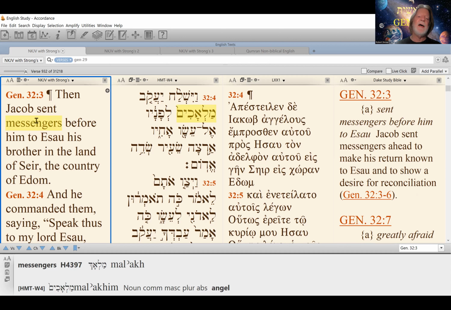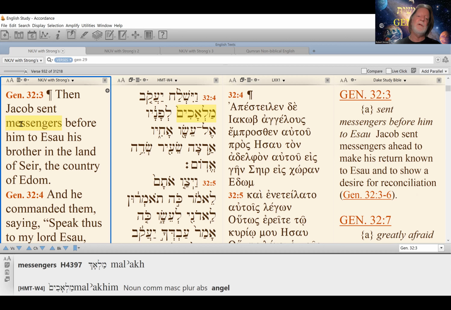So we just have to have an open mind when we come across the word messenger or angel, to determine whether this is a celestial being or a terrestrial being. And the New King James is trying to help us out because in verse 1 it calls them angels, which in English we just naturally associate with celestial beings.